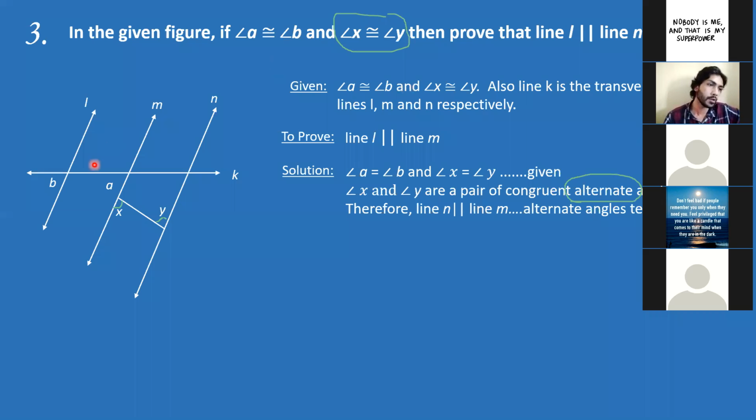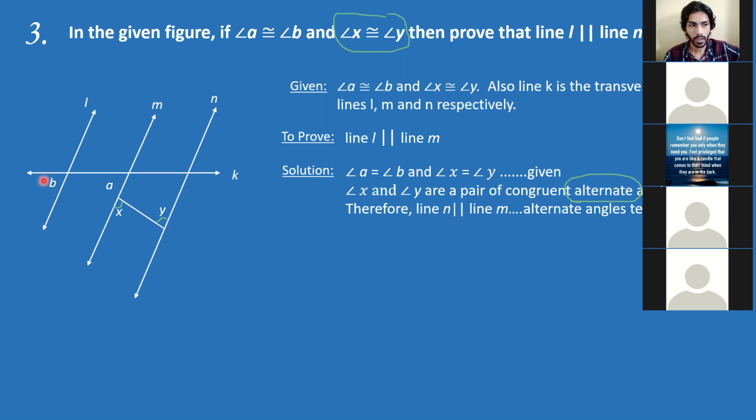Okay. So we have a transversal K over here. We have two lines L and M, and angle B is equal to angle A. So we have to prove whether they're parallel or not. Now, Aditya, if you want to give the answer, you can. Yes, they are parallel due to the corresponding angles test because A and B are corresponding angles.